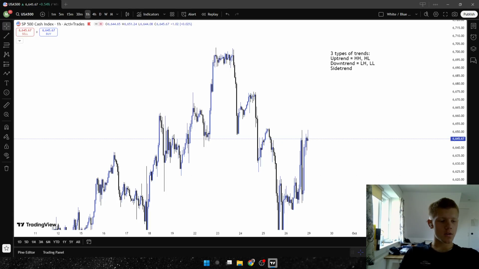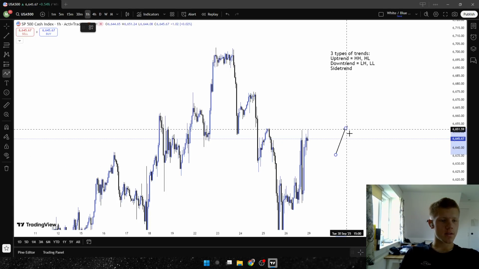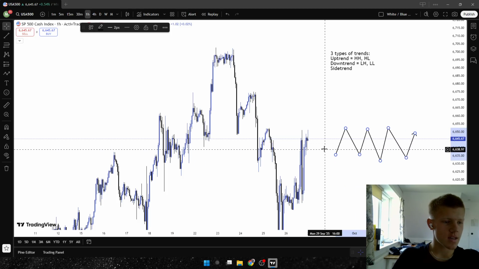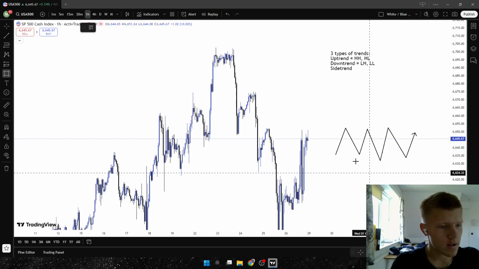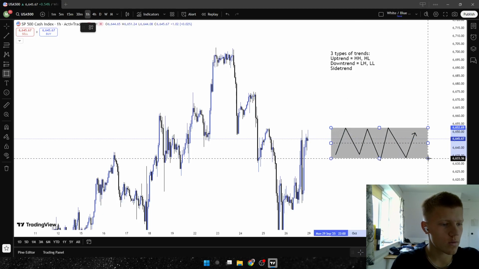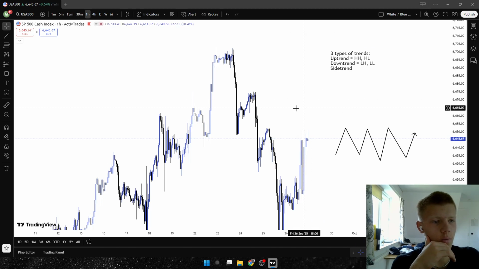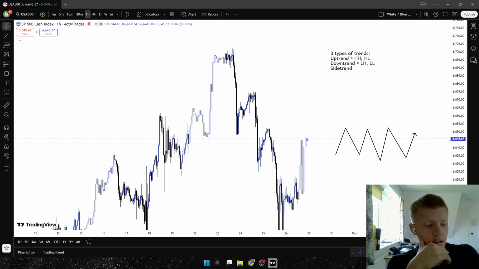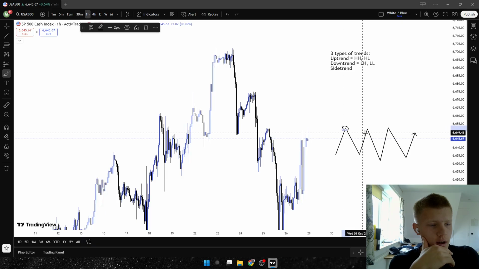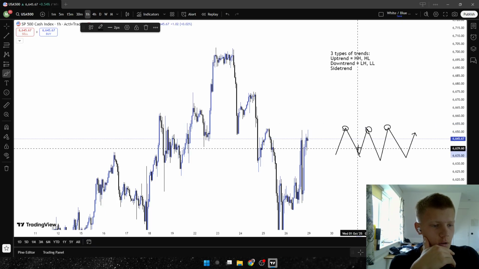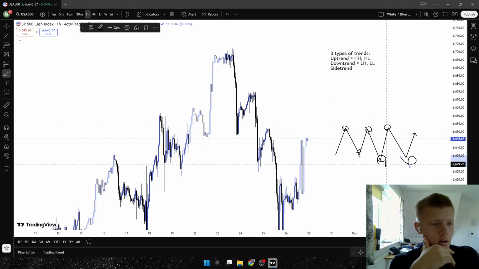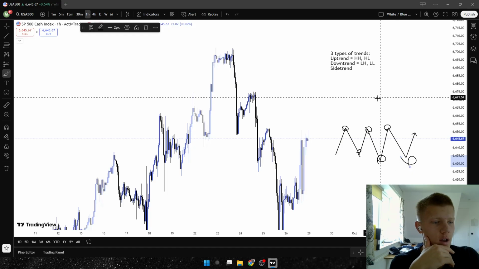And the last one is very, very simple, which is a side trend, which is we don't go up and we don't go down. We're just in this side form of side trend. So we're not very bullish and we're not very bearish. We're just going sideways. What I usually call this is built off of somewhat equal highs and somewhat equal lows, because it's not a higher high or a lower low or lower high or higher low.